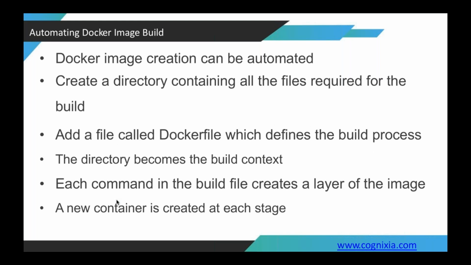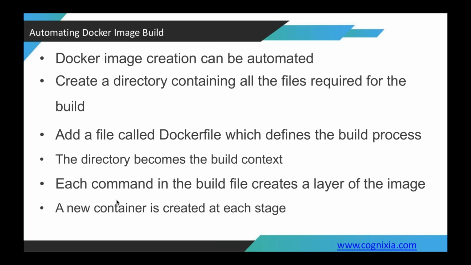So how do you automate the Docker image build? Whenever you are creating an image, one way is to manually run all the commands that you want inside the Docker container. But this is not the infrastructure as code practice. Docker allows you to follow infrastructure as code practices.